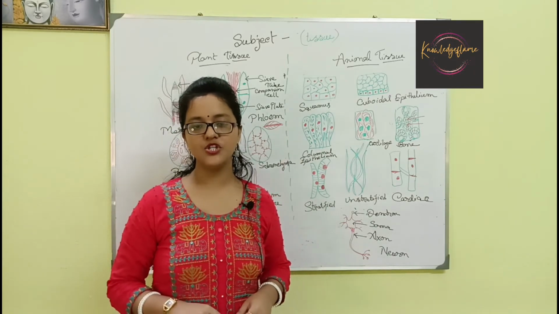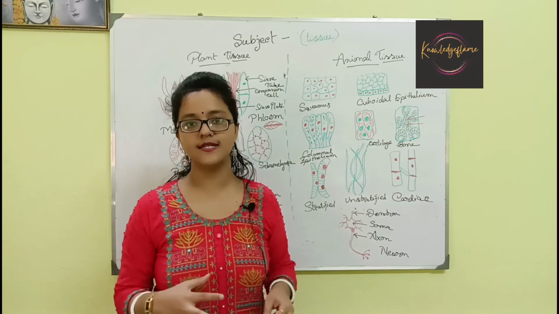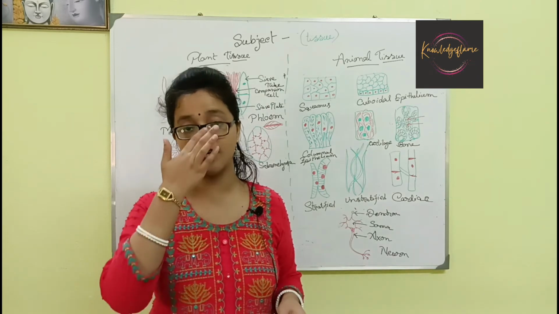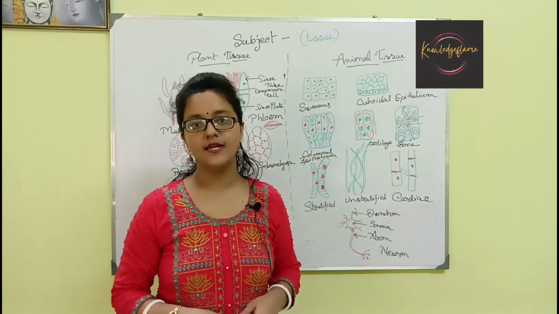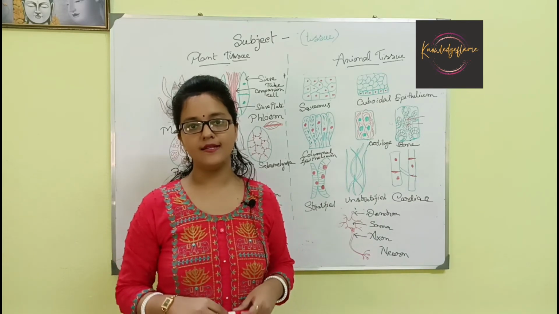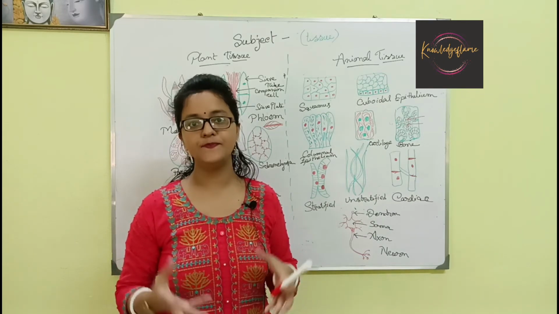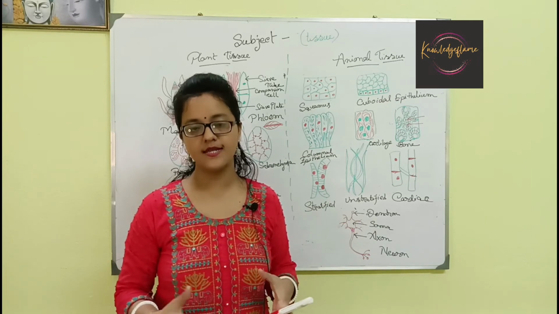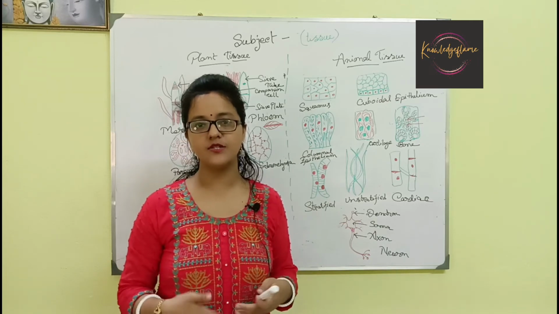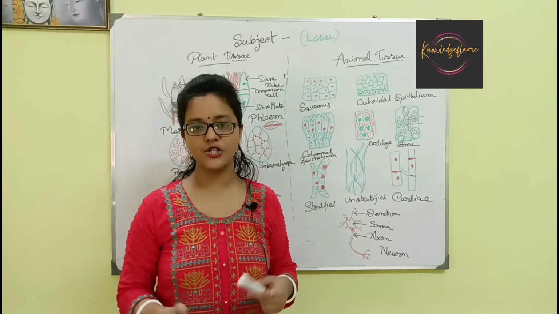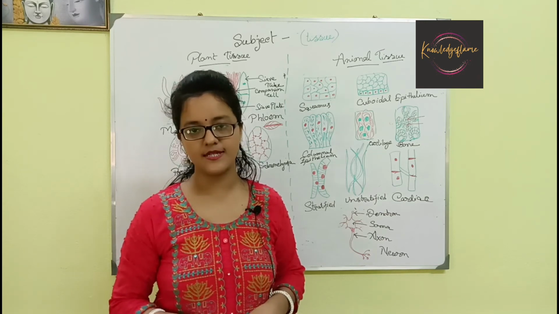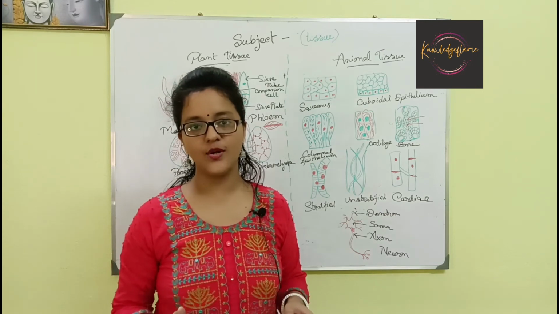Sometimes epithelial cells accumulate to form a gland-like structure, and this is the glandular epithelial tissue, and this type of tissue stores some materials, the nutritive materials. Sometimes it releases them; this secretion is done by the glandular epithelial tissue.